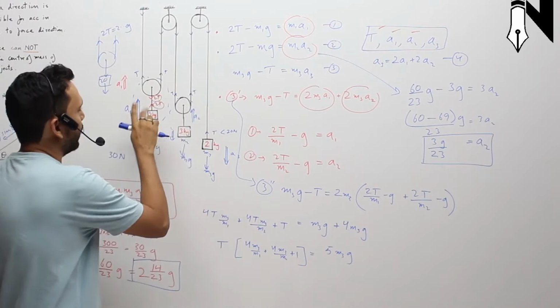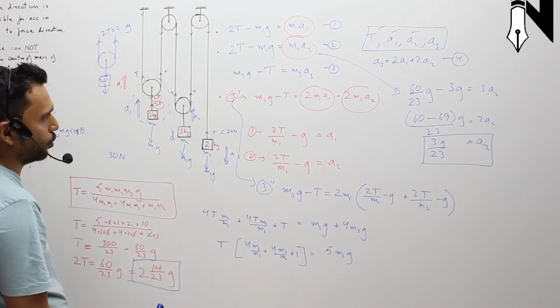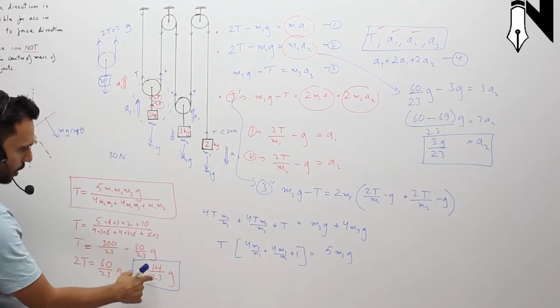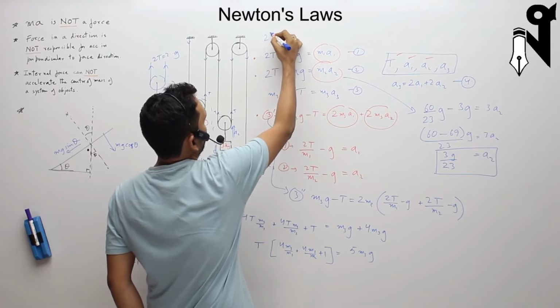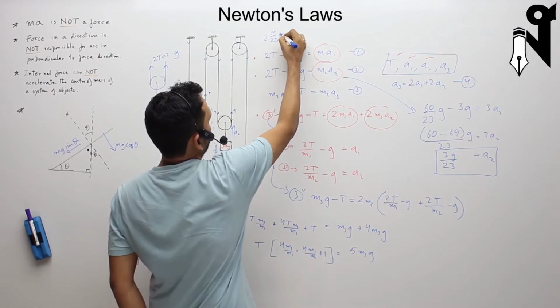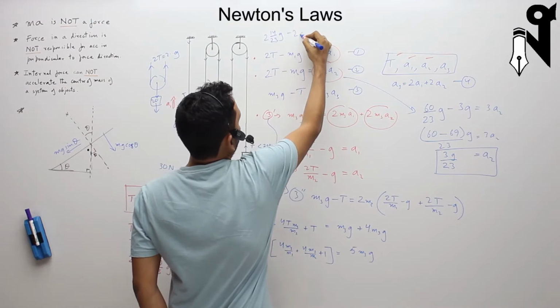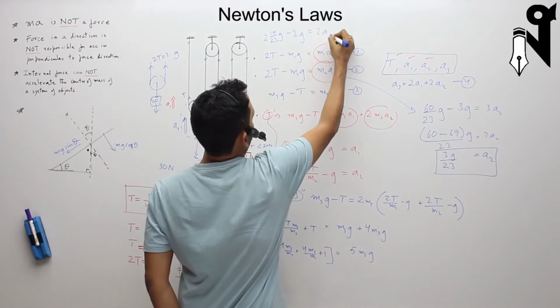Whereas A1 is still going to go up, in the direction we had assumed to be the correct direction, because an extra 14 by 23 G remains. So 14 by 23 G, which is 2T minus 2G, is the net force over here, equal to 2A1.